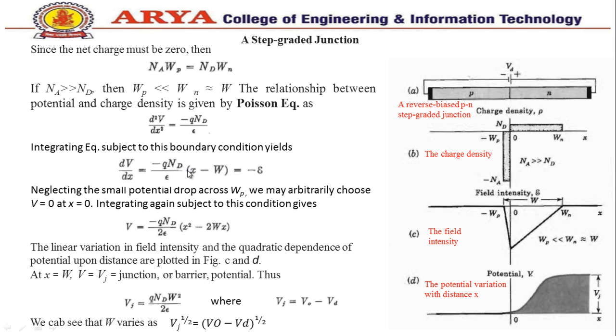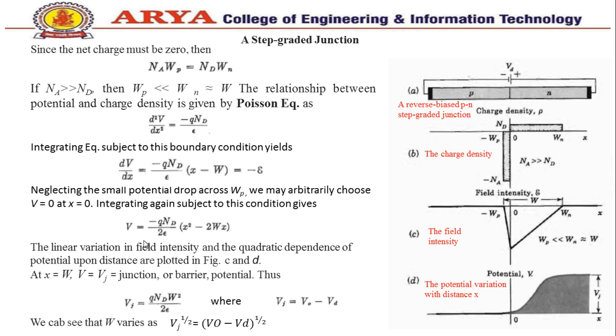Neglecting the small potential drop across Wp, we may arbitrarily choose V equal to 0 at x equal to 0. Integrating this equation again subject to this condition, we obtain V equal to minus q Nd upon twice epsilon times x square minus twice Wx.